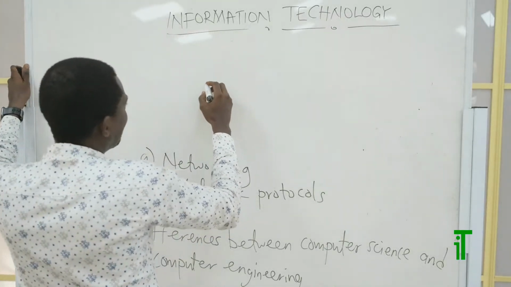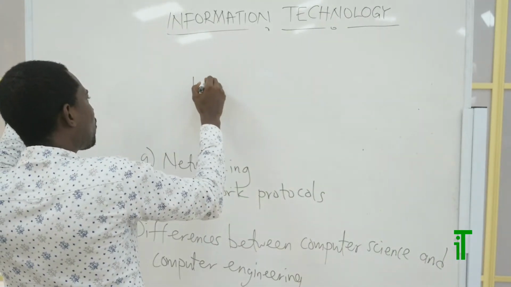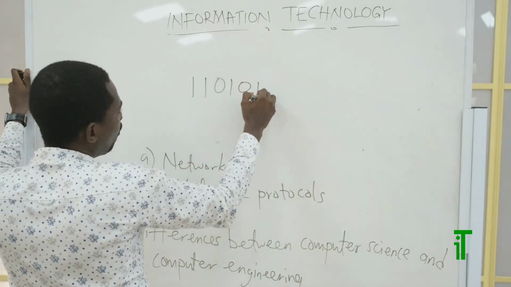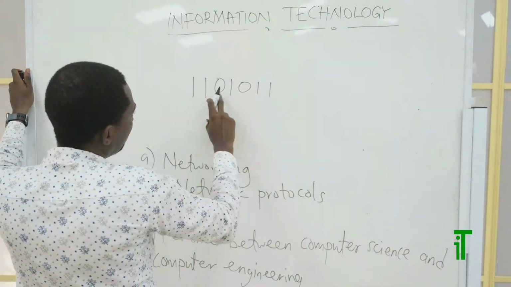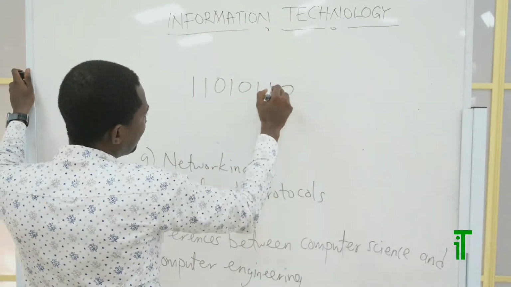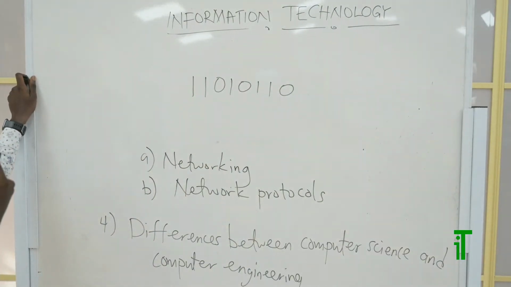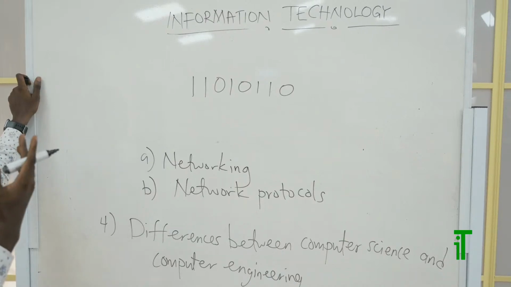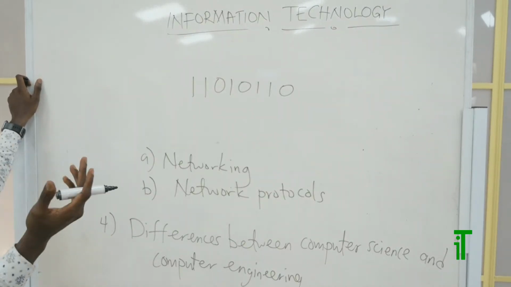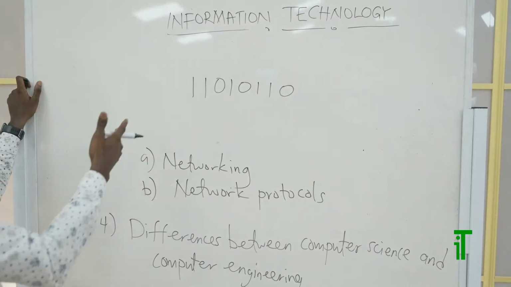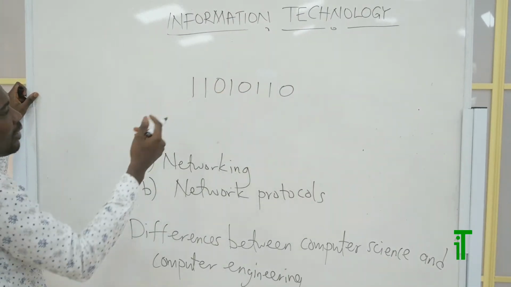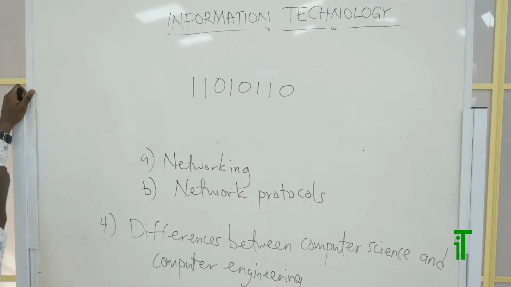Let's say a character has 1101, 8 bits. Every character can be represented with 8 bits. Like A has its own 8 bits, B has its own 8 bits. Let's say we have this character having these bits.